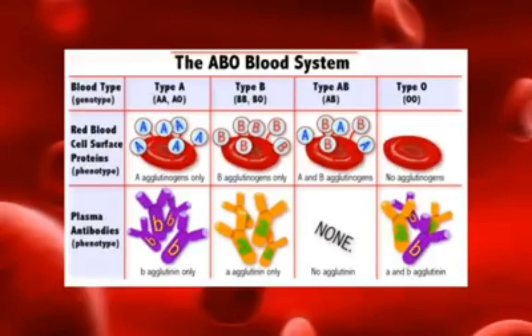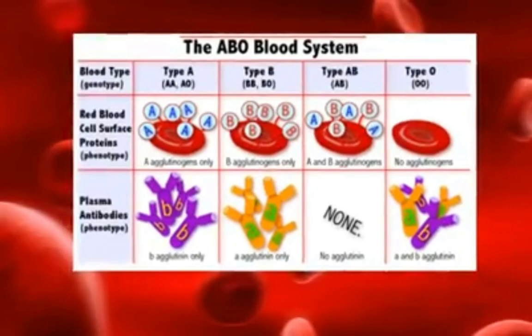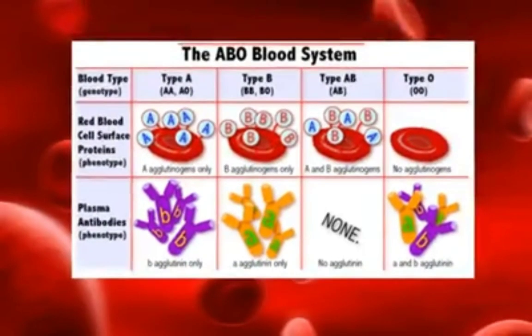Now, if you're wondering why it's important and what these antigens mean for the individual person, this chart right here gives you a good indication of that. We have the various blood types going across the top: type A, type B, type AB, and type O. Again, this shows the antigens on the blood, so the A antigens and the B antigens, with someone with AB blood having A and B antigens, and someone with O having no antigens.